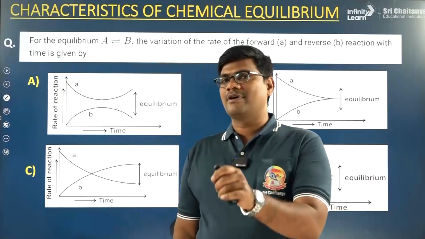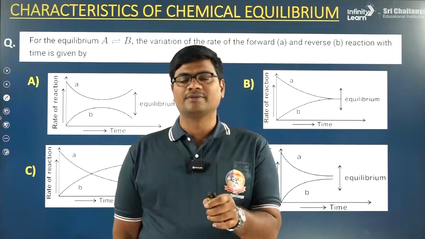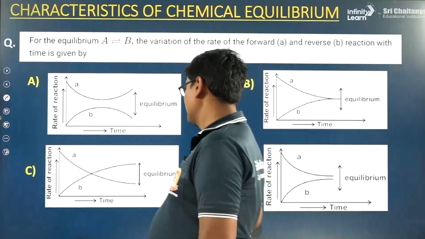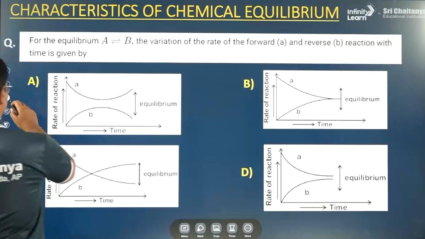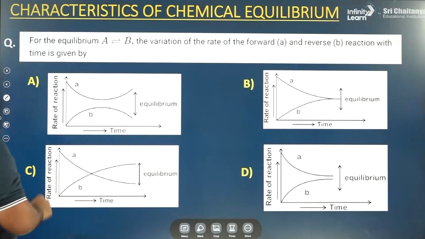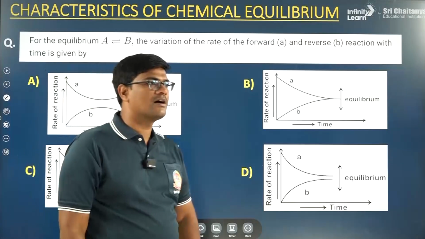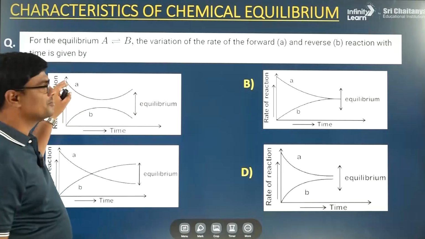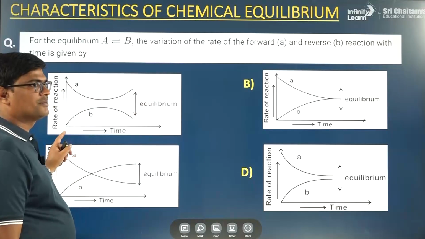Here the rate of forward reaction initially is so high that it starts from the peak, and the rate of backward reaction is almost zero at the beginning, therefore it has to start from the origin. So obviously A should be the peak and B should start from the origin.